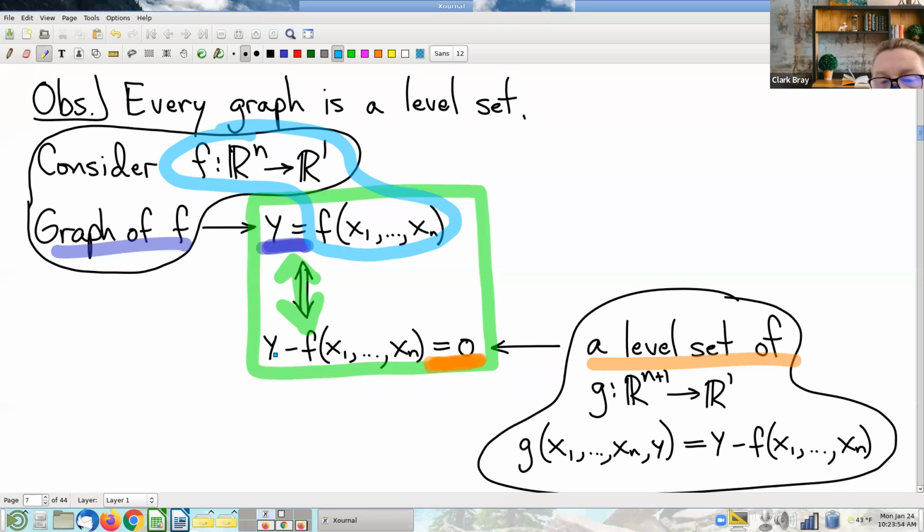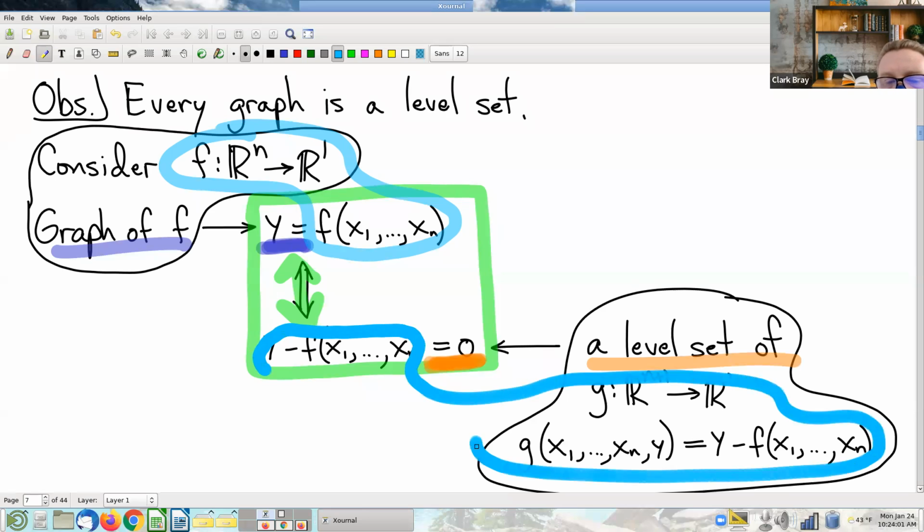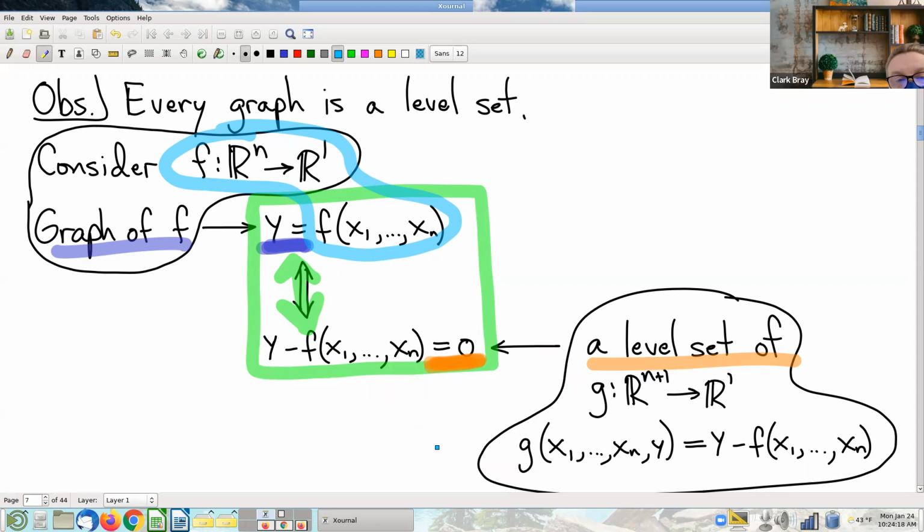This function right here is a different function, call it g. It's got n+1 variables. Y is an input variable for this function. Oh, look at what I did, I used the same color. I was trying to contrast these. Sorry. Let me circle this with a better color.